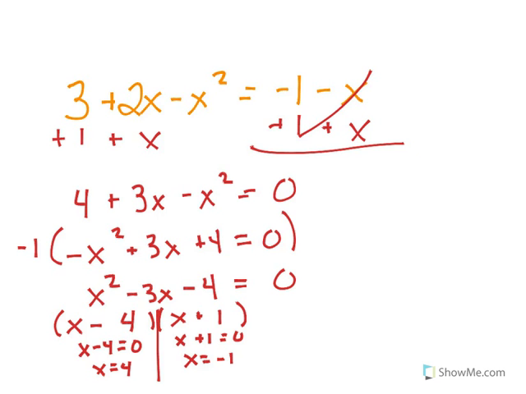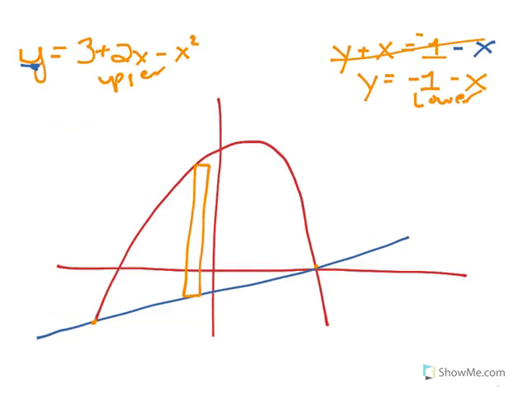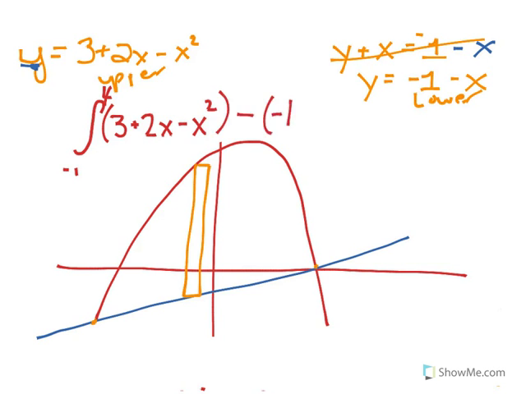I'm going to come back to the original problem for a second. I'm integrating from -1 to 4 of the upper curve minus the lower curve, close parentheses, dx.